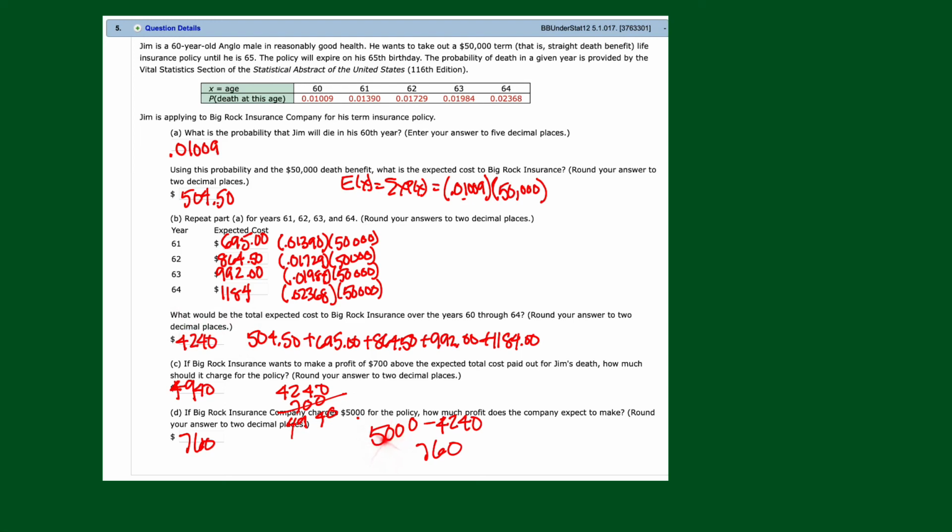They charge every one of these people $5,000. Sometimes they have to pay out: if somebody in here dies, they have to pay out $50,000. But for all the people that don't die, they collect their $5,000. So they're collecting a bunch of these and paying out a few of the 50,000s. So they do end up making a profit.